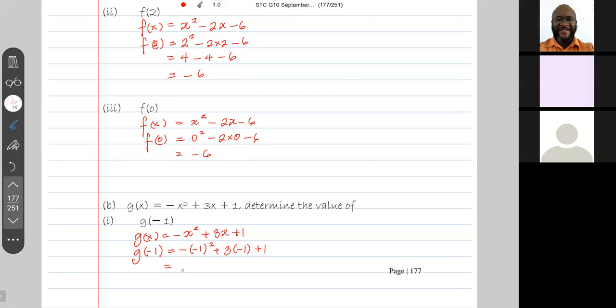Minus 1 squared is minus 1. If you're multiplying 3 negatives, it comes out negative, and 1 times 1 is 1. A positive times a negative is minus 3 plus 1. So the value here is minus 3, because minus 1 plus 1 is 0. 0 minus 3 is minus 3.